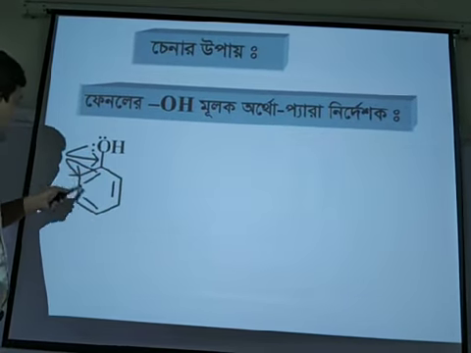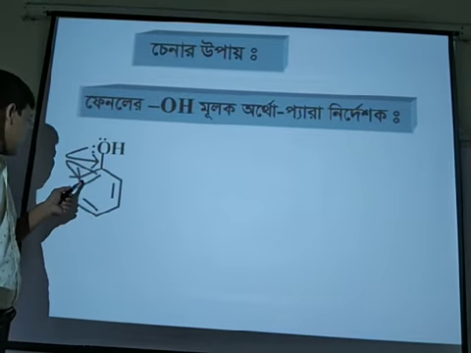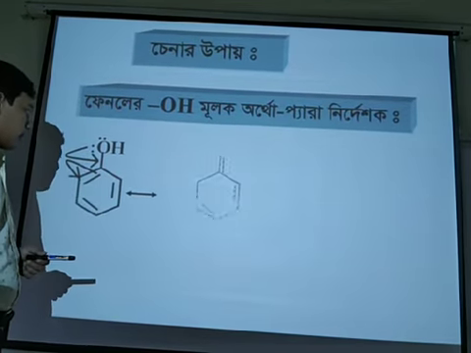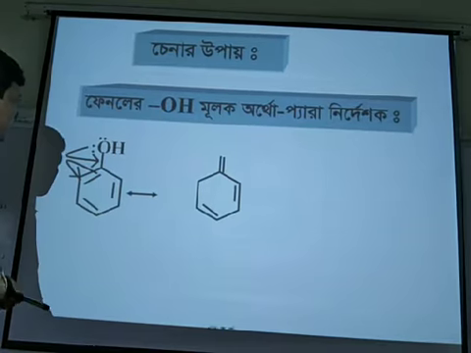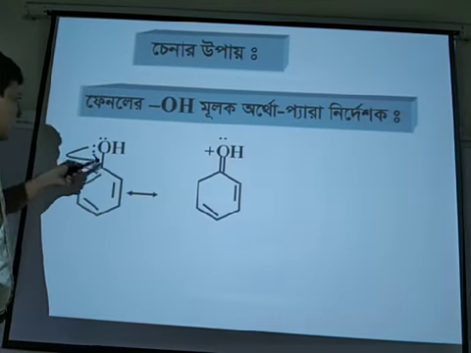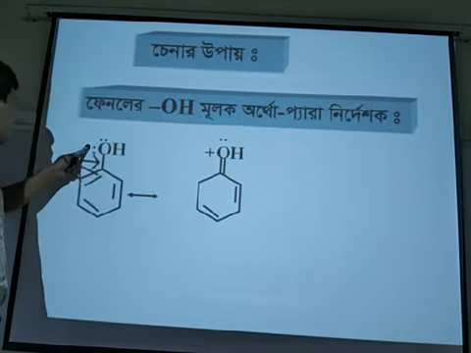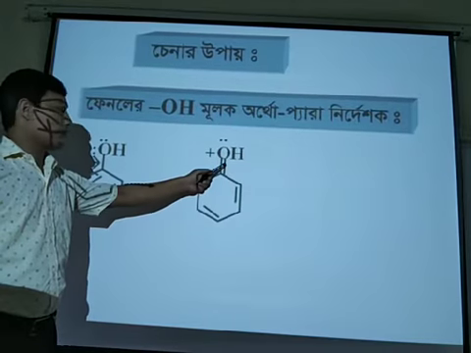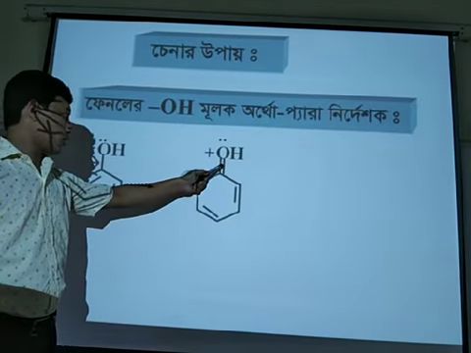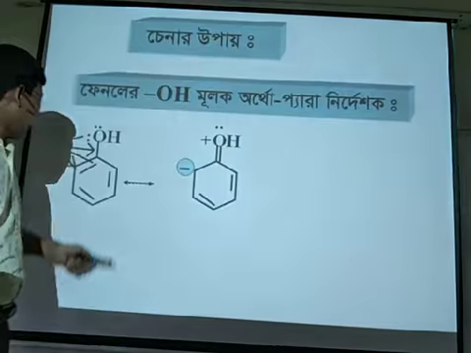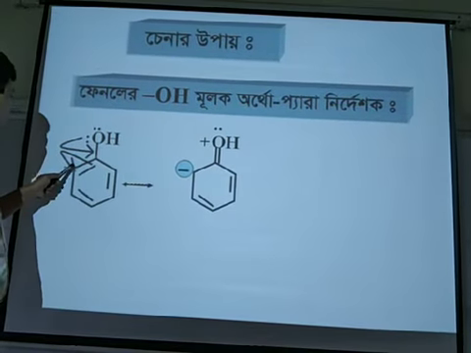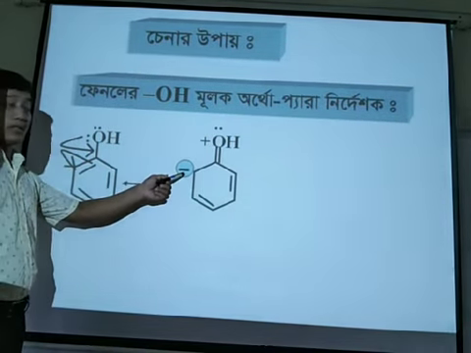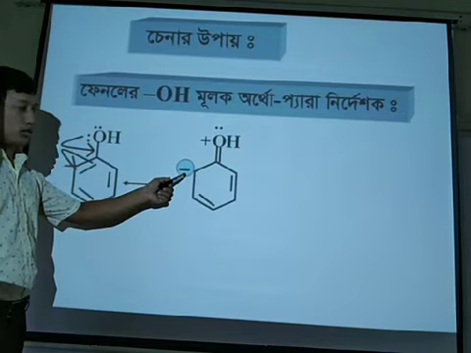So there will be a resonance structure like that. Here you see that this electron comes here and creates a double bond, and this pi bond will break down, and here a negative charge is created.